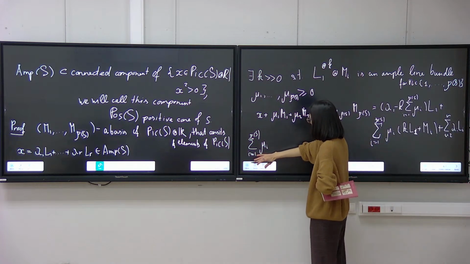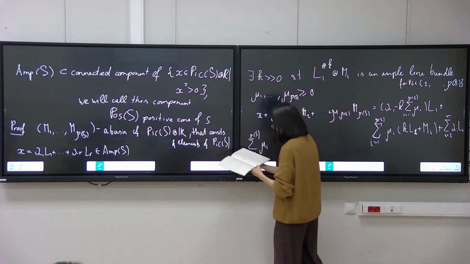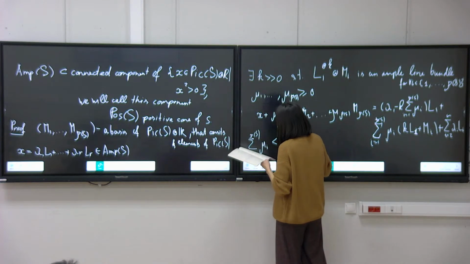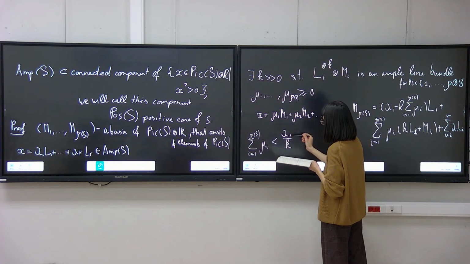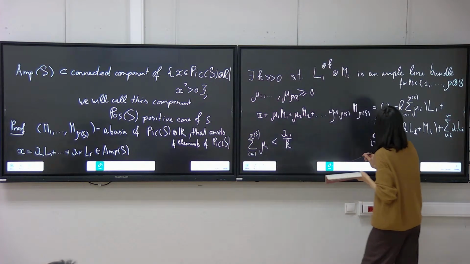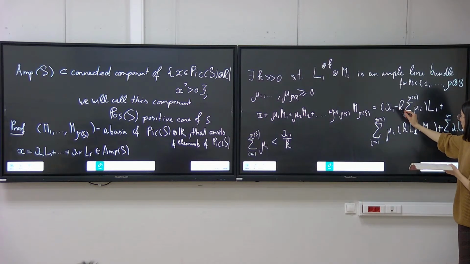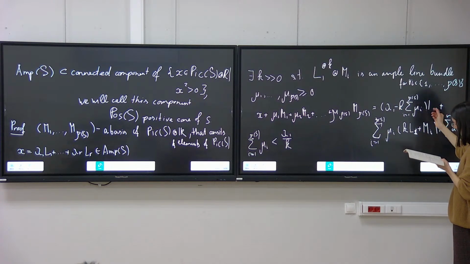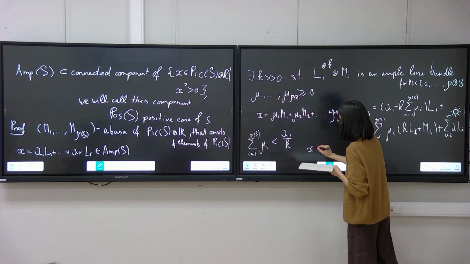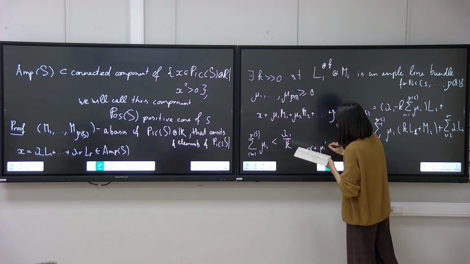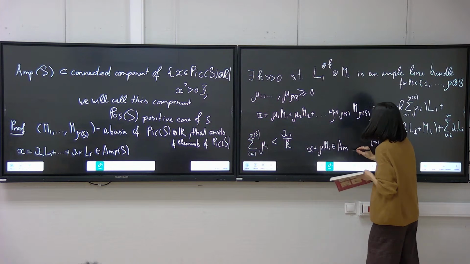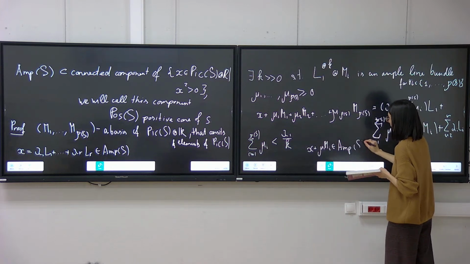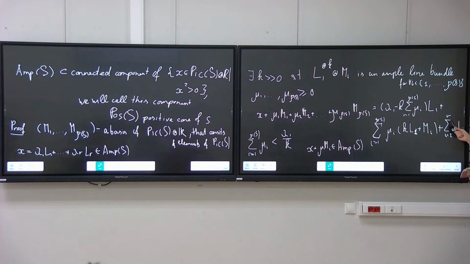So suppose now that sum of this mu I is less than lambda 1 over k, so that this is something positive. Then this belongs to an ample cone of S, just because these summands already are in an ample cone.